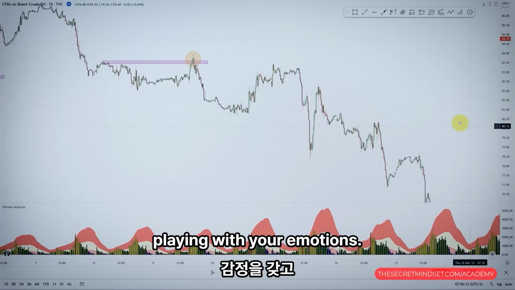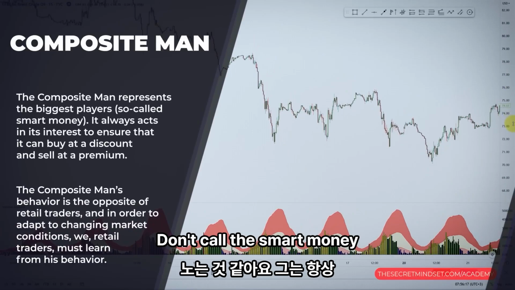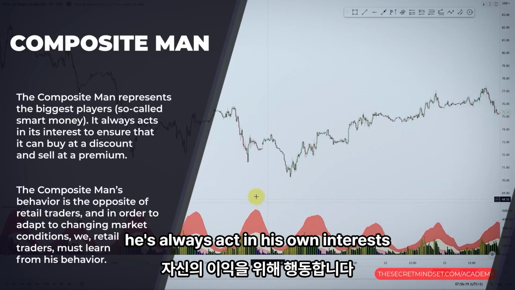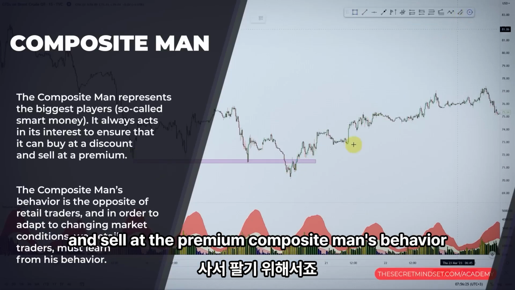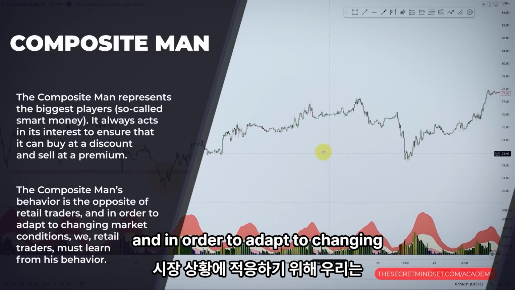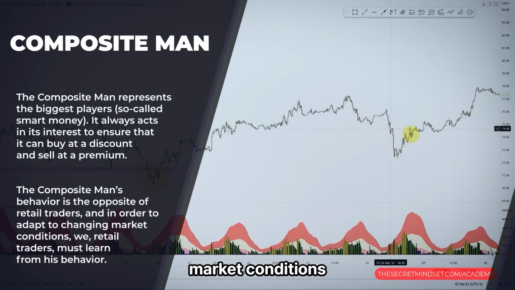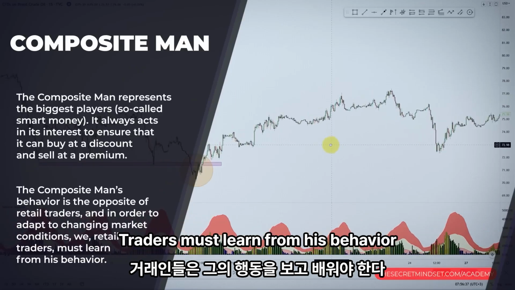In essence, the composite man represents the biggest players, the so-called smart money. It always acts in its own interest to ensure that it can buy at a discount and sell at a premium. The composite man's behavior is the opposite of retail traders, and in order to adapt to changing market conditions, we, retail traders, must learn from his behavior.